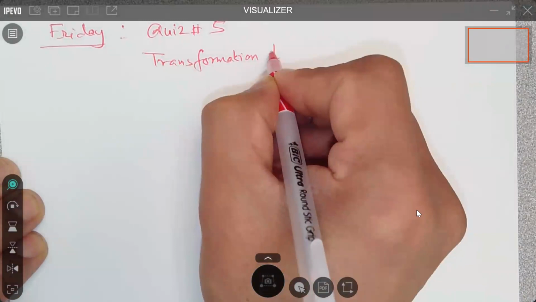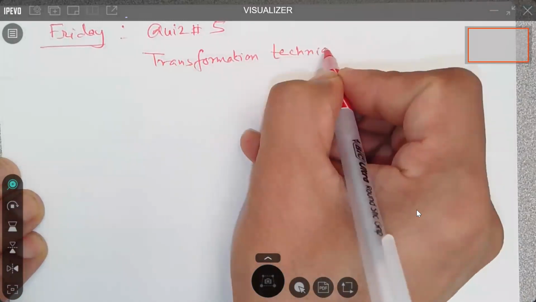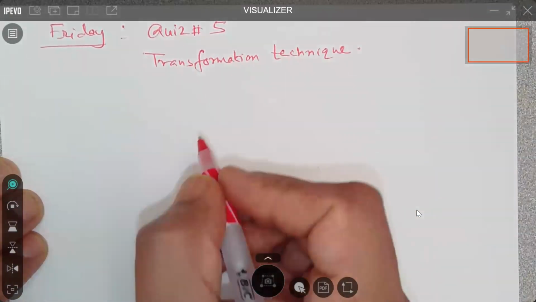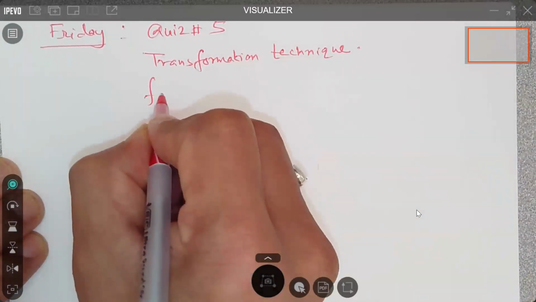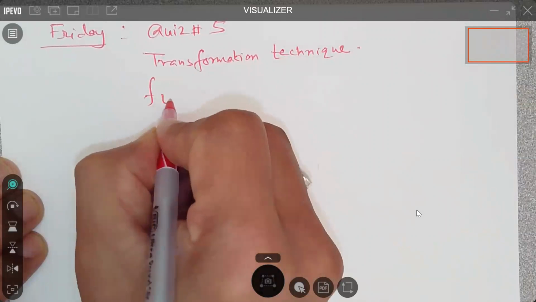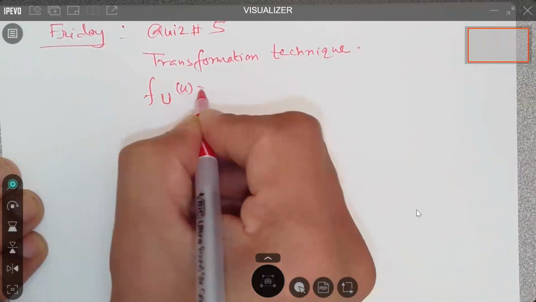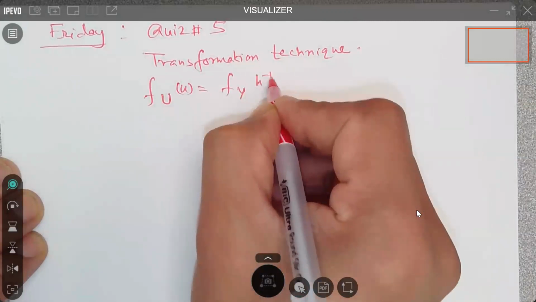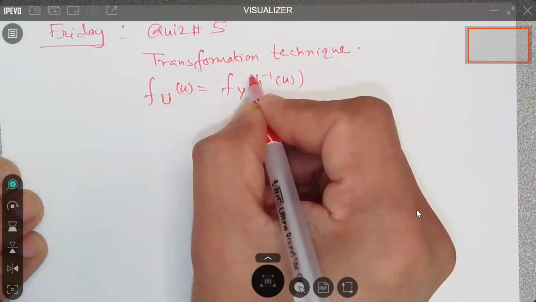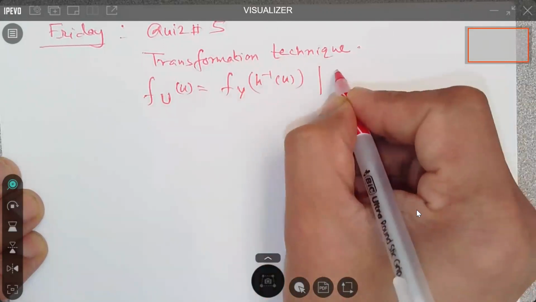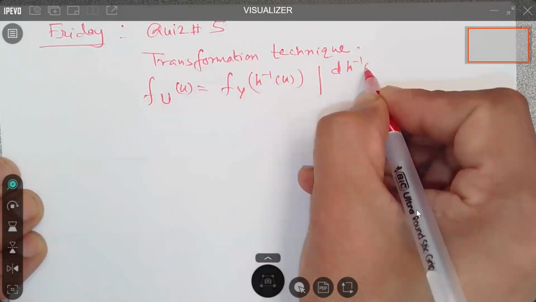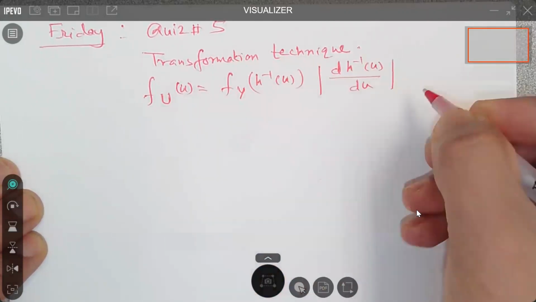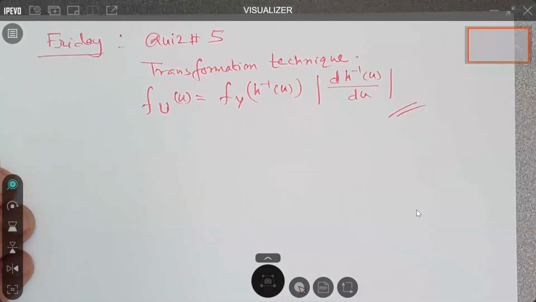So what we are going to do, there is a different density function of the transformed random variable, f_U(u) equals f_Y(h inverse u) times the derivative of h inverse u. Okay, so quiz 5 will be about this one.